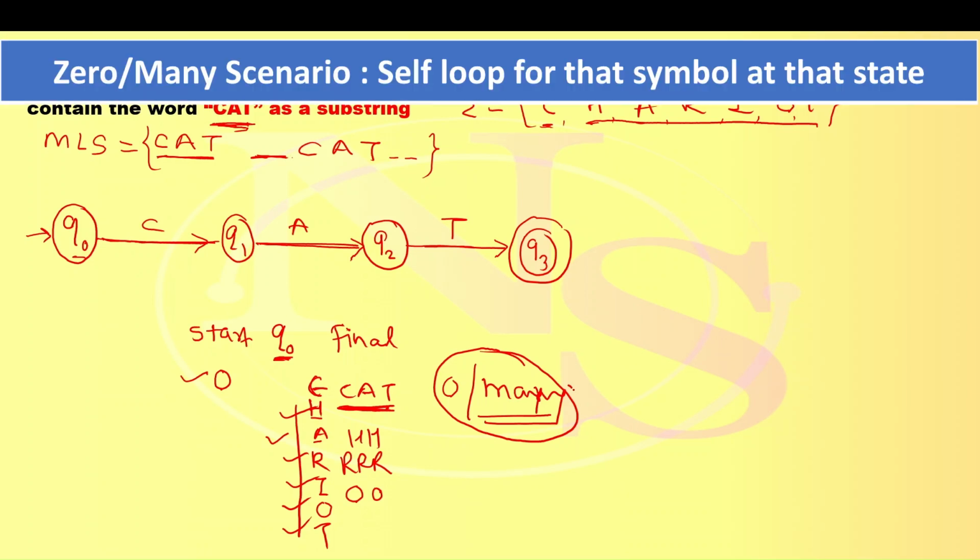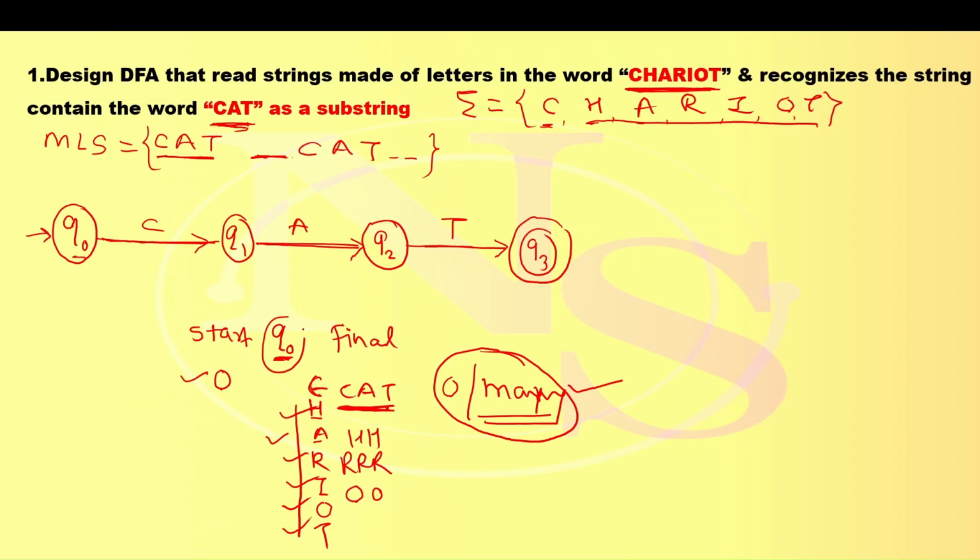Hence, as there is a scenario of 0 or many, we'll write a self loop at state Q0, for all remaining symbols other than C. So what are those? H, A, R, I, O, T. For all these symbols there is a self loop. Now Q0 is deterministic, as there is a transition for C as well as for all remaining symbols.